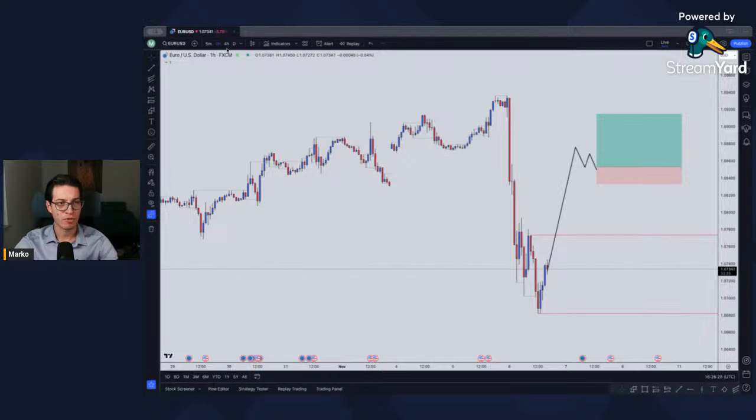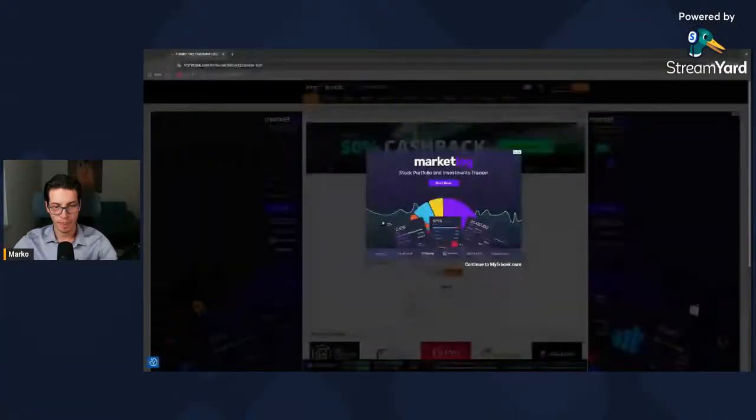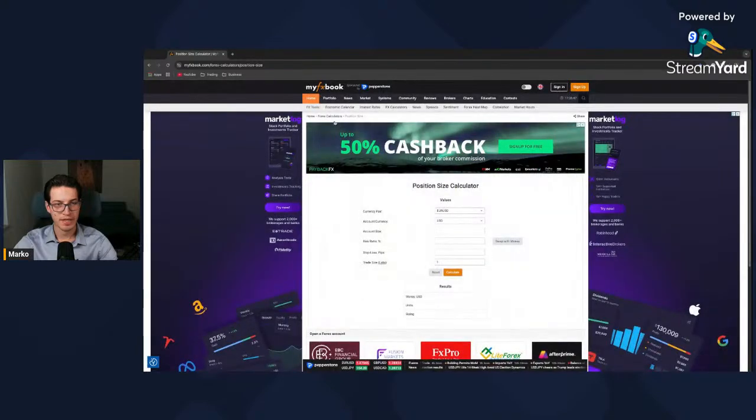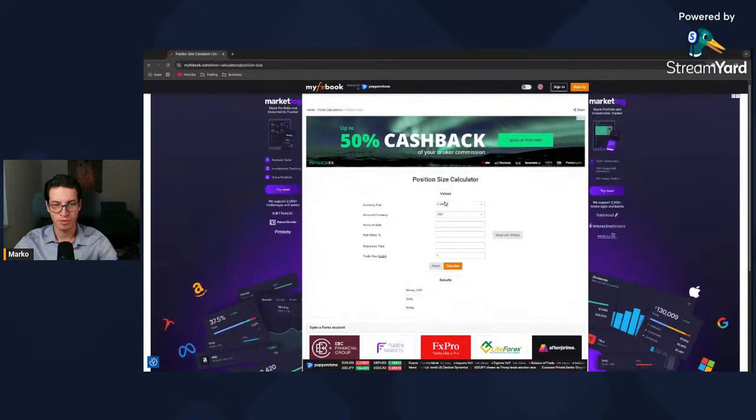If you are wondering how to actually calculate the position size, how I do it is, let me go back to my stream, stop this, present, share screen, window. Okay, so you go to this right here, my FX book lot size calculator. So basically you put in your euro US dollar, account currency dollars, let's say 100K. You want to risk 1% per trade.